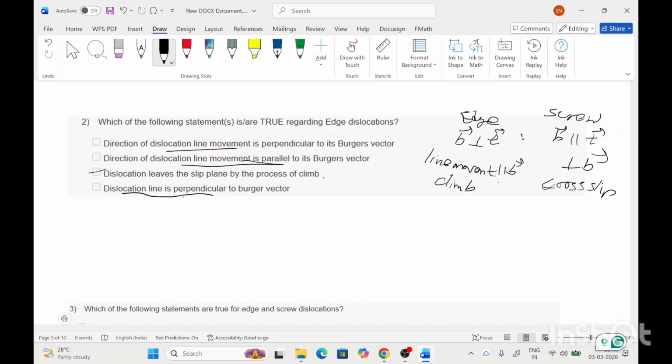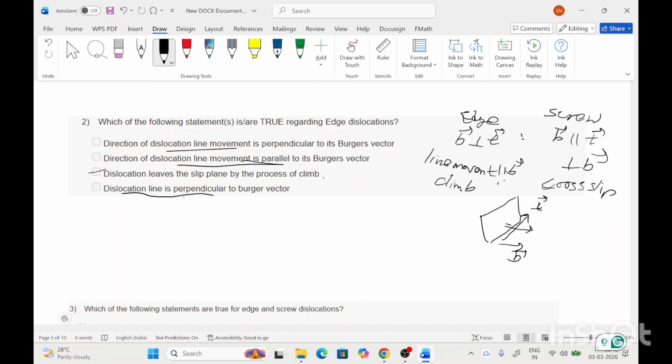So for the edge dislocation, the line movement is parallel, and this is the extra half plane, this is the Burgers vector, and this is the line. So the dislocation line is perpendicular, but it moves along the Burgers vector only.